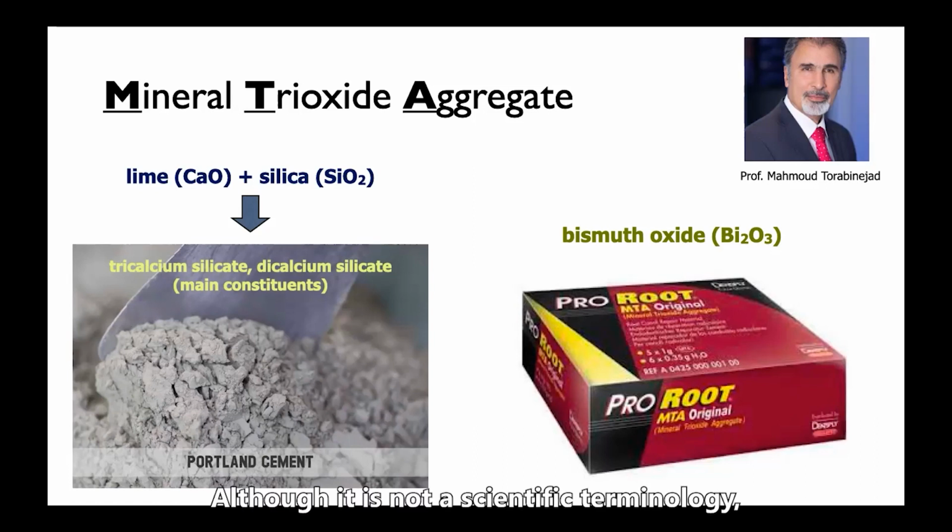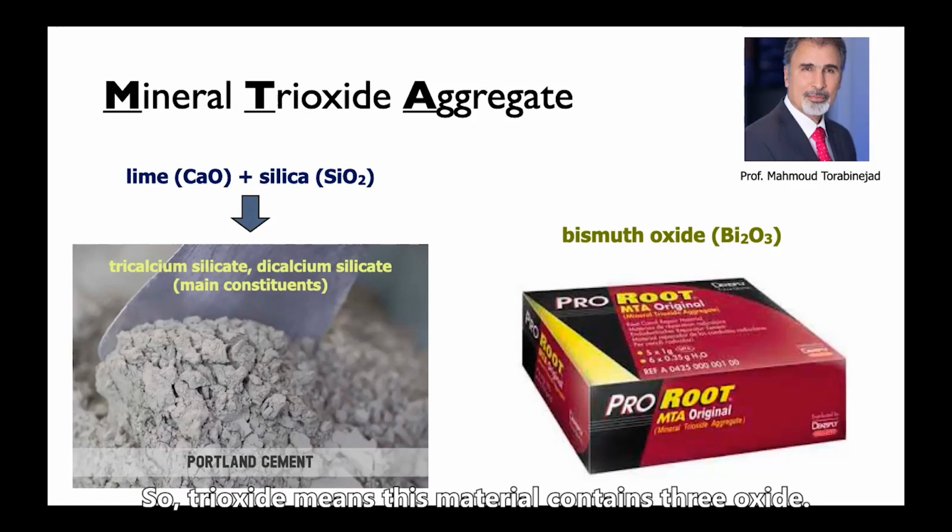Although it is not scientific terminology, MTA still implies very important meaning in itself. Among the three words, trioxide should be remembered. According to Greek, tri means three in English.